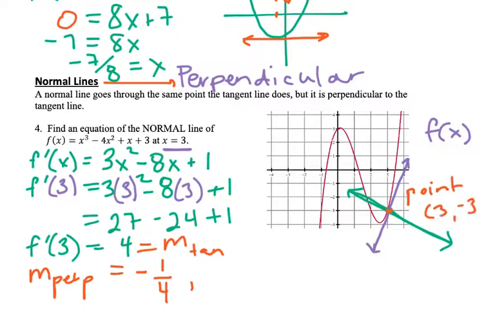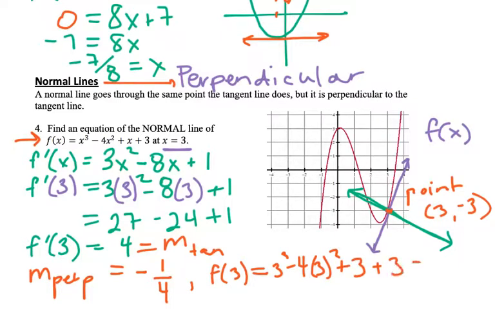If you didn't have a graph, you could plug in x equals 3. So you'd do f of 3 and go back to this original equation. So you'd have 3 cubed minus 4 times 3 squared plus 3 plus 3, and you would get negative 3. Okay, so that gives us a point at 3 comma negative 3.